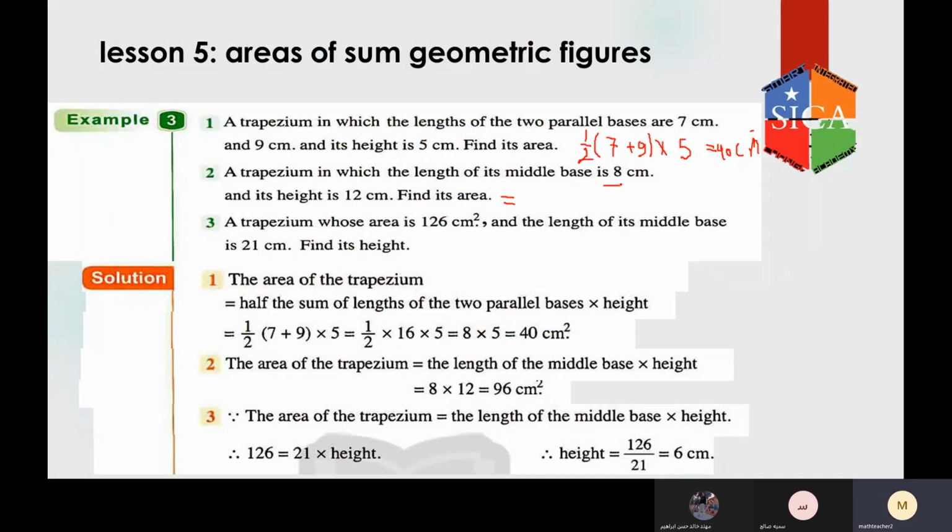The middle base here is 8 and the height is 12. Then 8 times 12 equals 96 square centimeters.